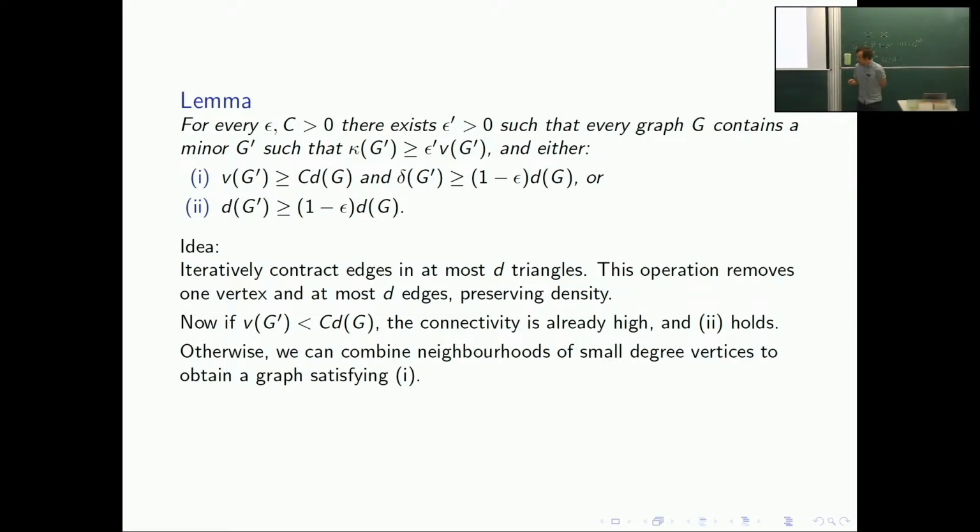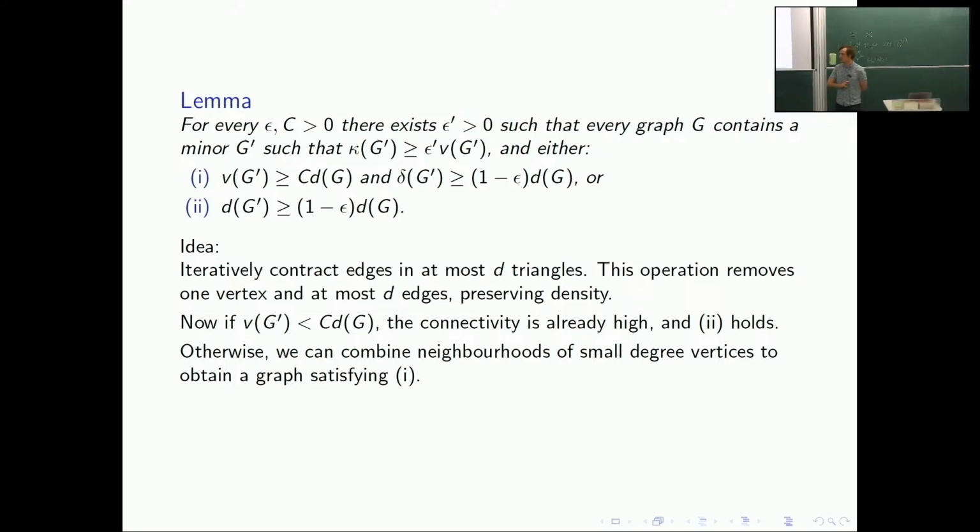So the idea for proving this is to first contract any edge of G which is in a small number of triangles. Here small means at most D. So when you contract an edge which is in at most D triangles, what will happen is that the number of vertices will reduce by 1, and the number of edges will reduce by at most D. And this is exactly the ratio to preserve the edge density of the graph.